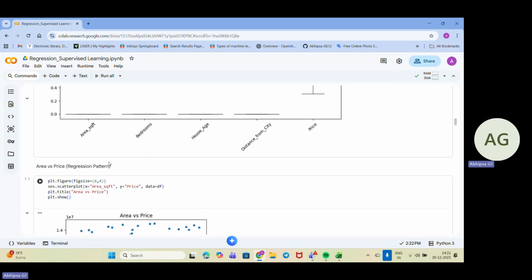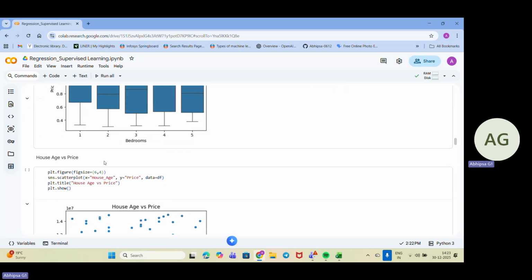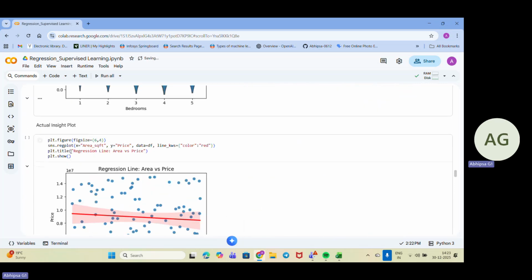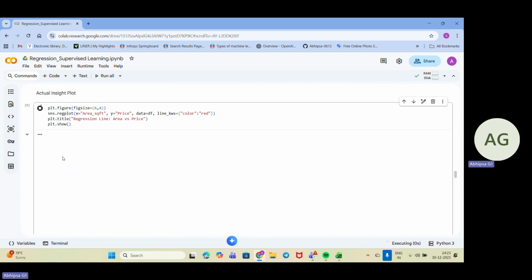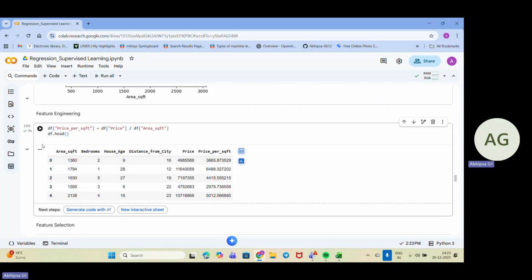Okay, let's keep this part because it is basically the visualization that we have already discussed, and we'll move it to here basically. Yes.